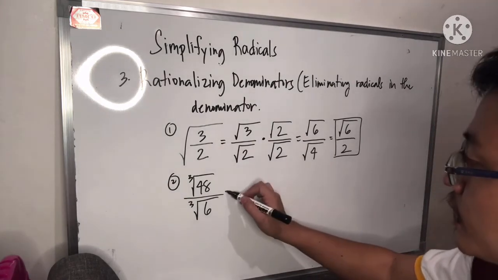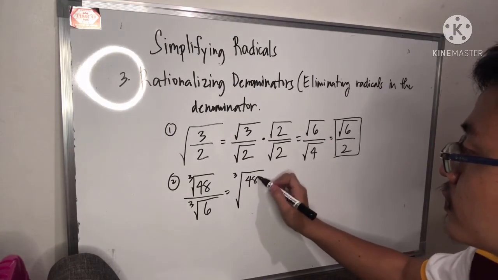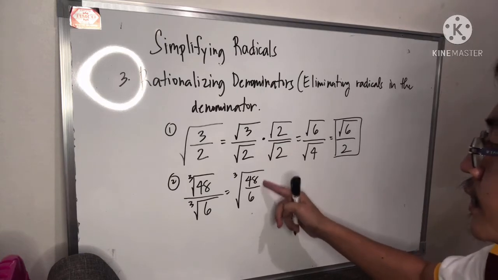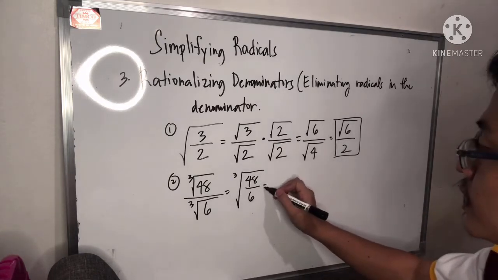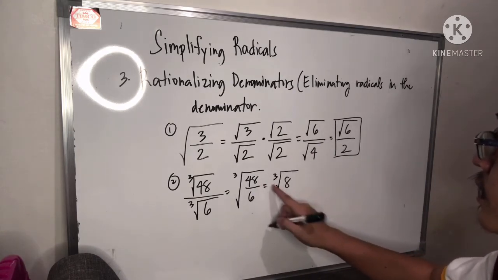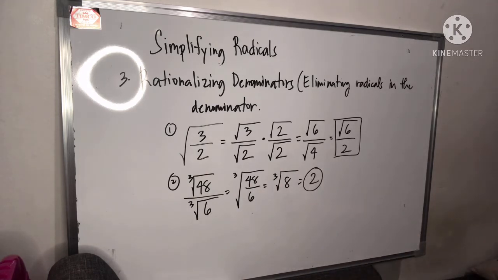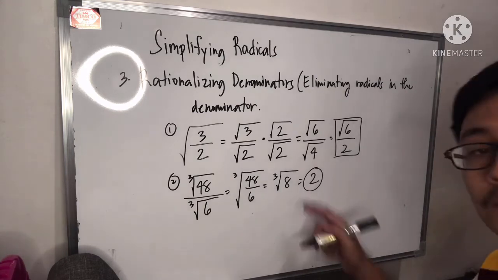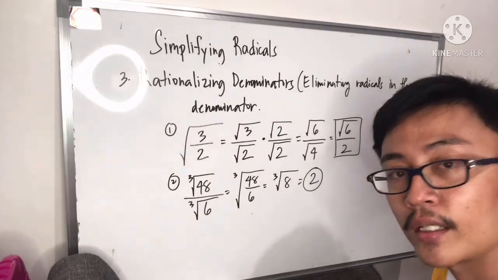We can write it as cube root of 48 over 6. Pwede natin kunin yung quotient niyan kasi pwede naman i-divide yan. So, that is cube root of 48 divided by 6, that is 8. Cube root of 8 is 2. So, nawala na yung radical sa denominator. And then, ang mas maganda nun, napasimplify pa natin siya.